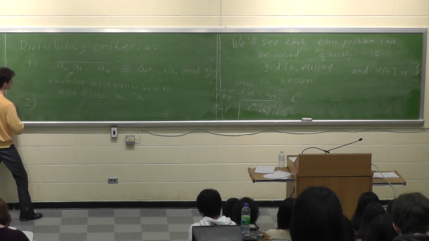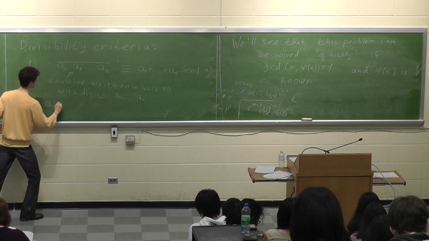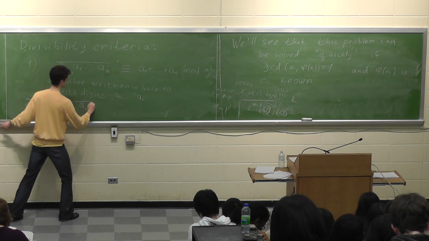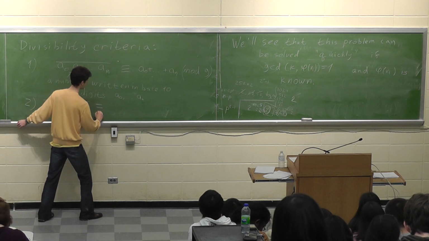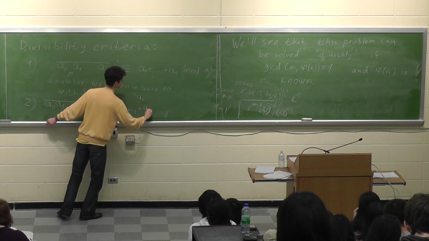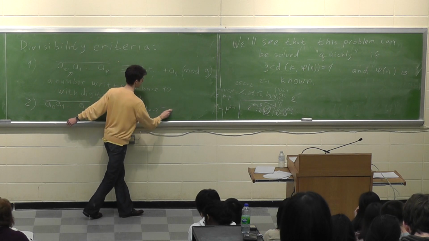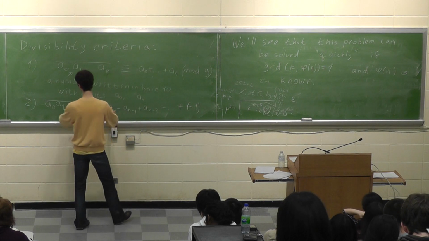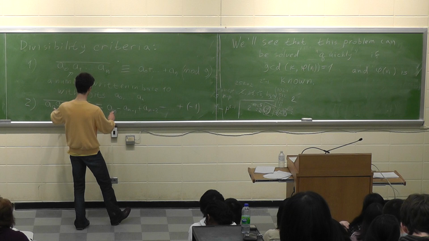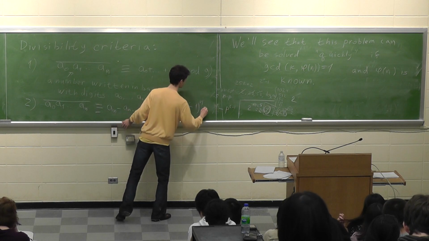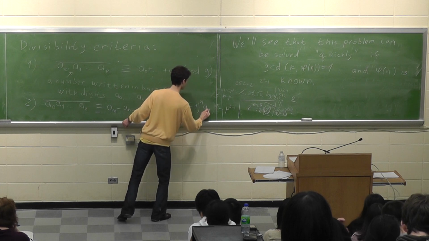Another thing, if you want to compute its remainder modulo 11, it is a_0 minus a_1 plus a_2 minus and so on plus minus 1 to the power n, a_n, modulo 11.